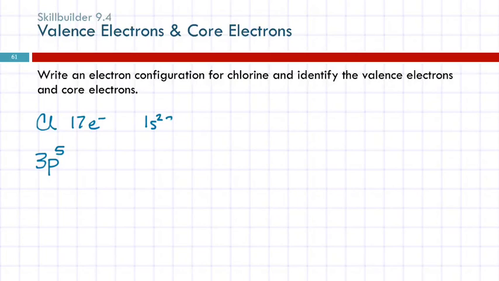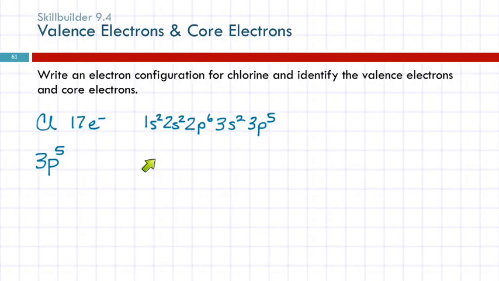So 1s2, 2s2, 2p6, 3s2, and it's going to end with 3p5. Are you at least feeling like, oh, I kind of see how she did that? So this is the position on the periodic table.